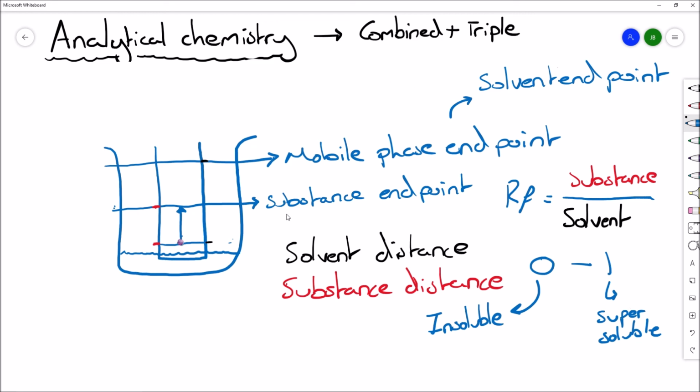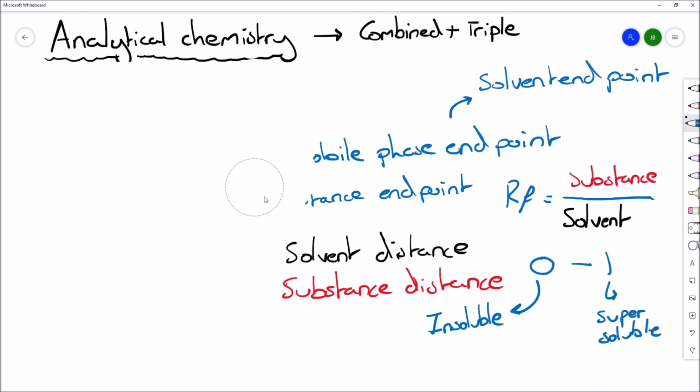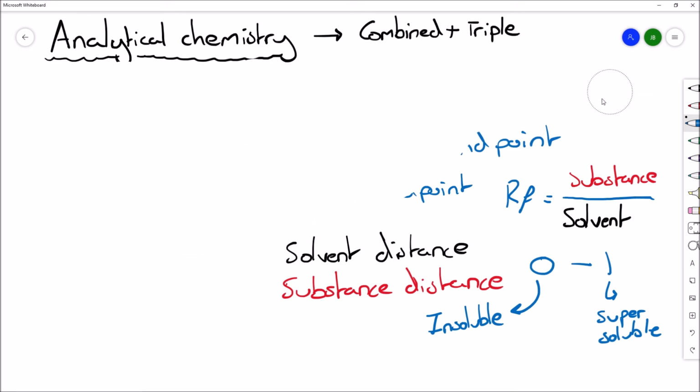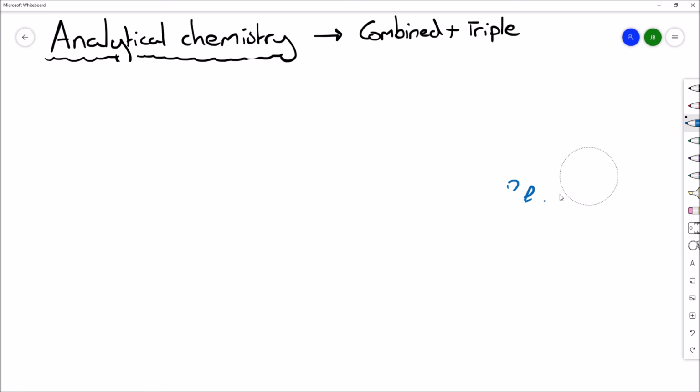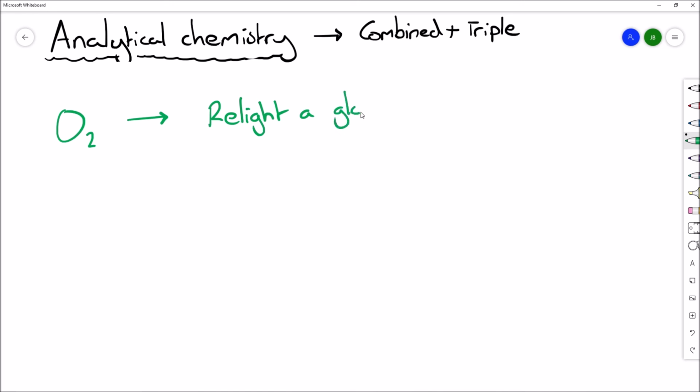Right, let's move on to the final bit of this video, and that is the test for gases. So we'll go for green for the test for gases. We have 3 different gases we need to know. Oxygen. To test for oxygen, you will relight a glowing splint.